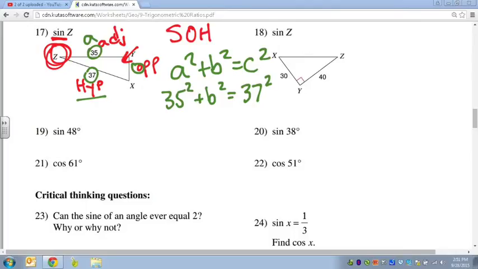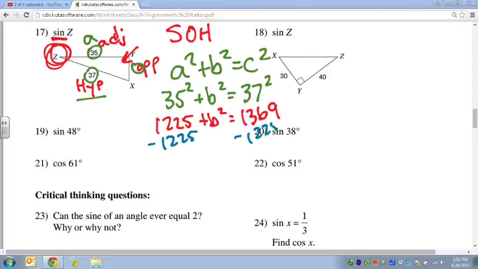So 35 squared, that's going to be a big number. It's going to be 1,225. So 1,225 plus b squared equals 37 squared, which is 1,369. Now we have to get b squared by itself, so let's subtract 1,225. That cancels out.